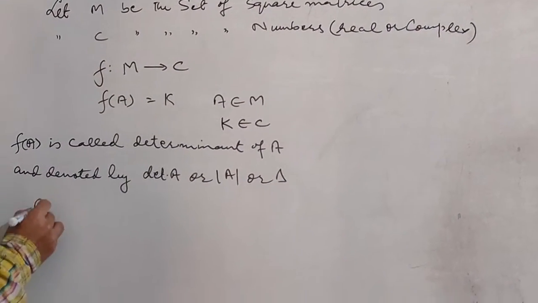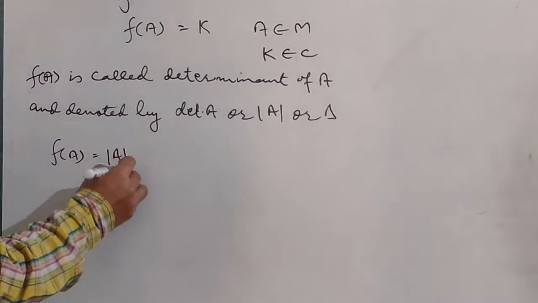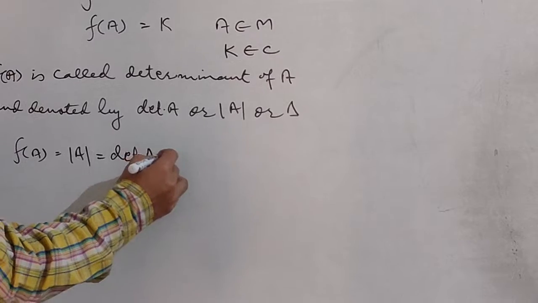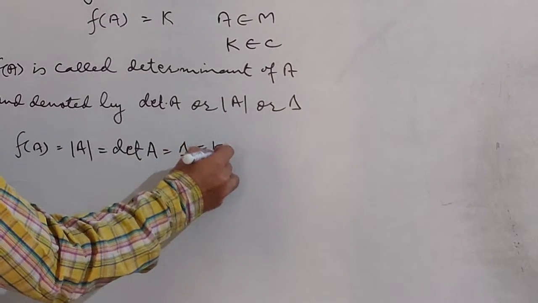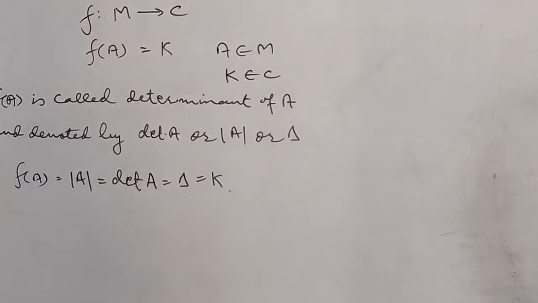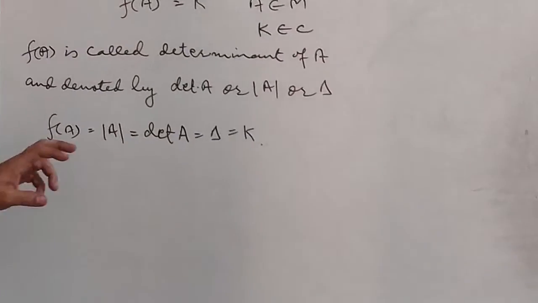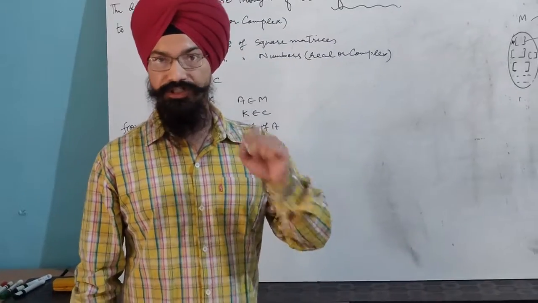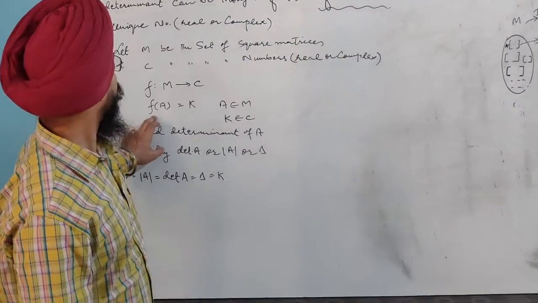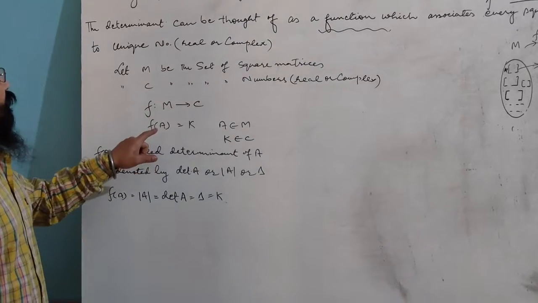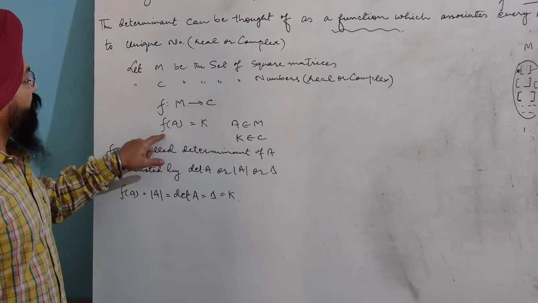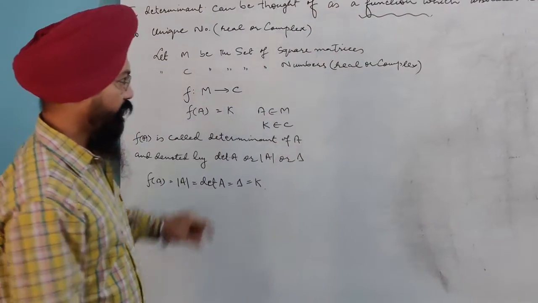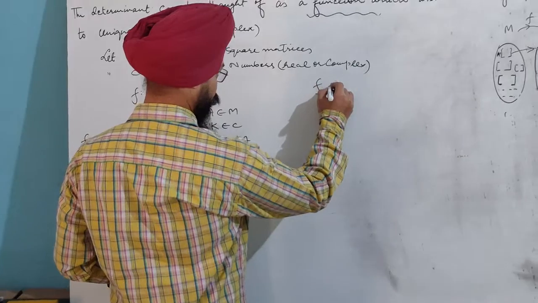So we can say that f of A is equal to determinant A, written like this or like this or like this. These are all the same things. It means when the f rule is applied on this square matrix, you get a number. How does the rule work?